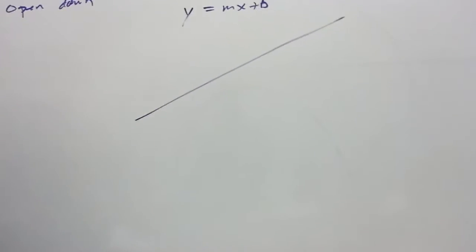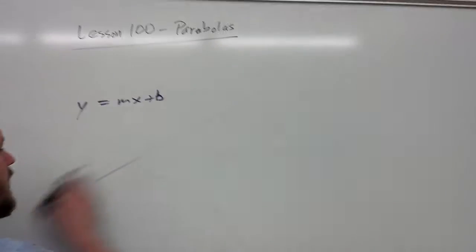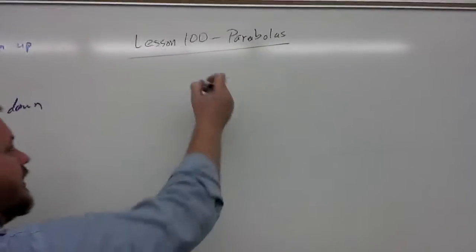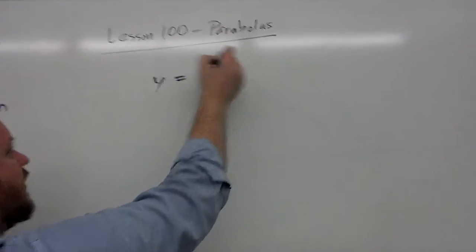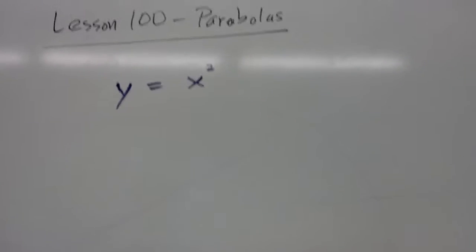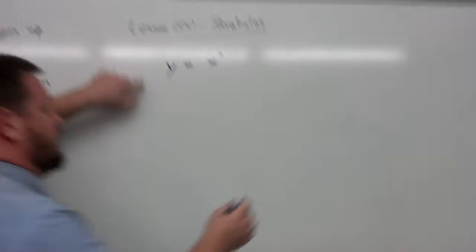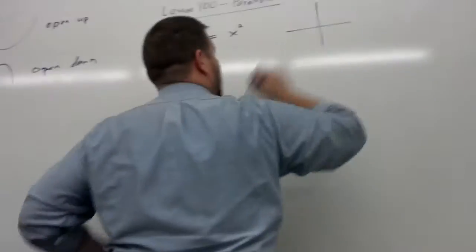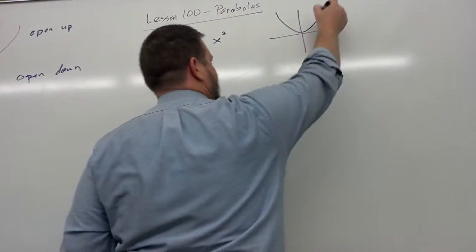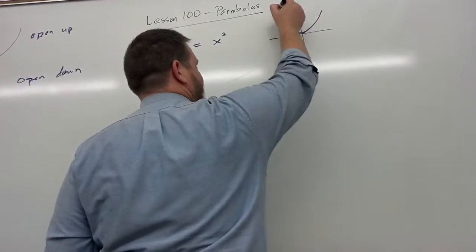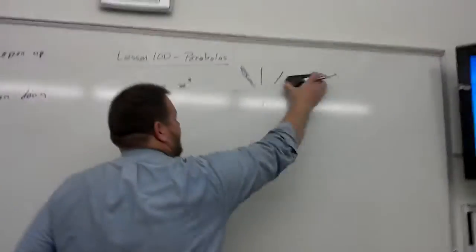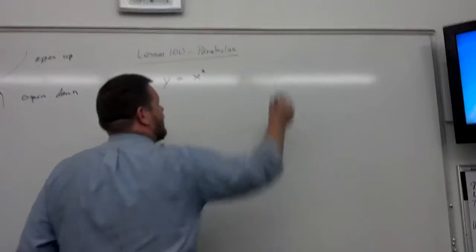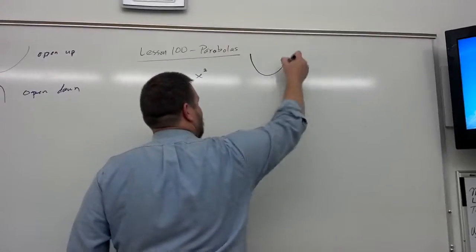The way you get a parabola is with an x squared. So this would be the most basic parabola you could possibly think of or graph. And what that looks like is, this comes down and touches, yeah, I teach math, not art.